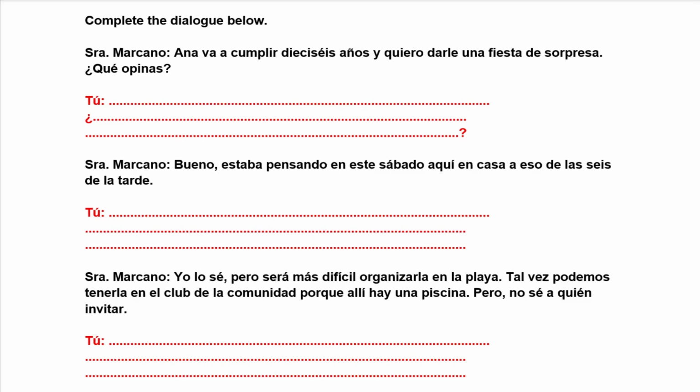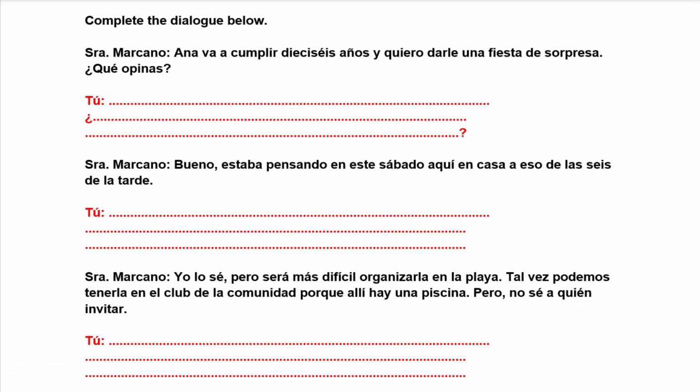All right. So as you can see, it starts off, Ana va a cumplir 16 años y quiero darle una fiesta de sorpresa. ¿Qué opinas? Make sure you read all of this information, everything that you see written here in Spanish, to get an idea what the conversation is about, okay?